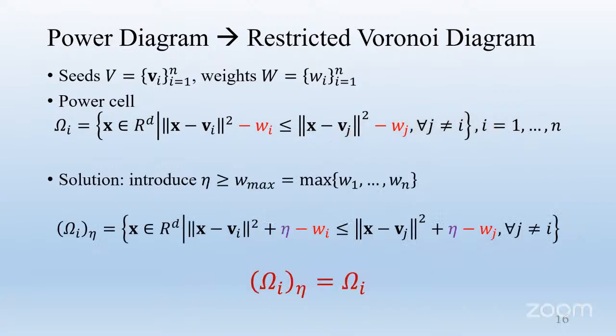Our solution is simple. We introduce a parameter eta, which is greater than the maximum weight, and we add it into the distance function. The new partition controlled by the new distance function is actually the same as the original power diagram, because the inequality relation does not change after we add eta.